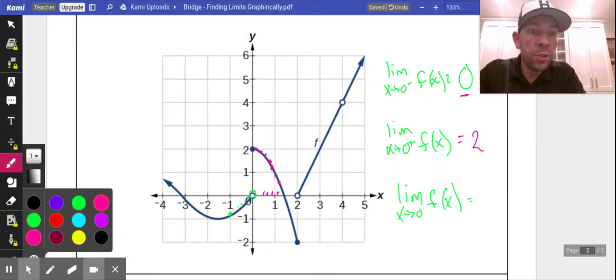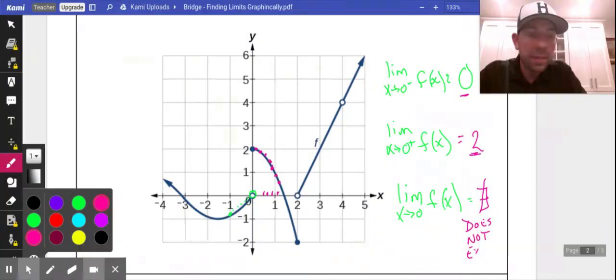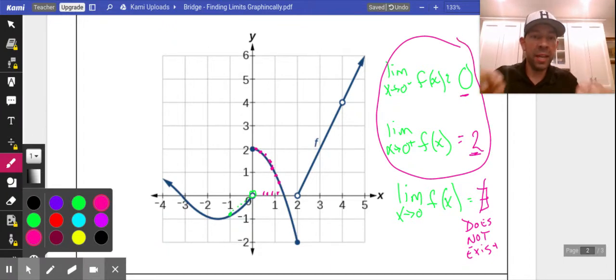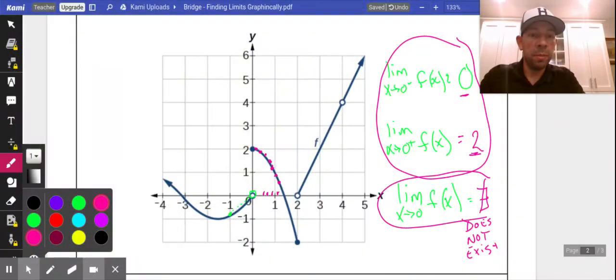You'll notice those two answers are not the same, so my general limit does not exist. That's the shorthand notation for does not exist. And again, these one-sided limits have to have the same answer in order for the general limit to exist.